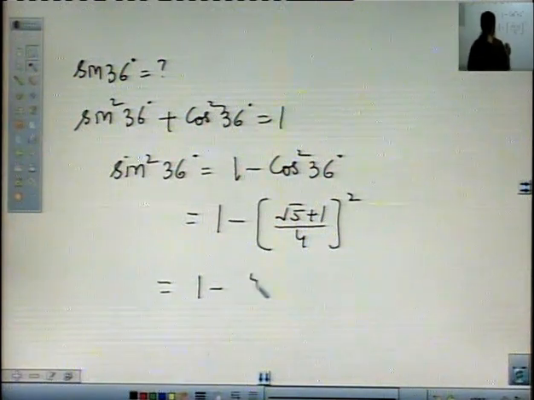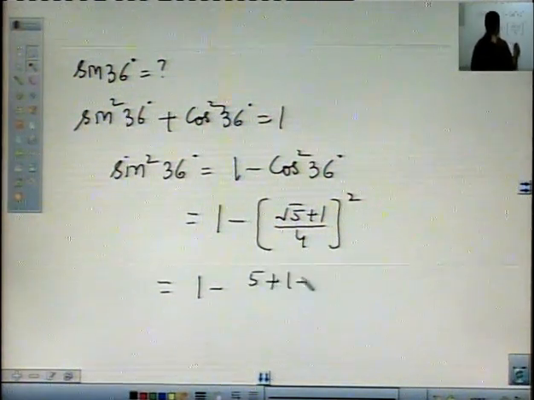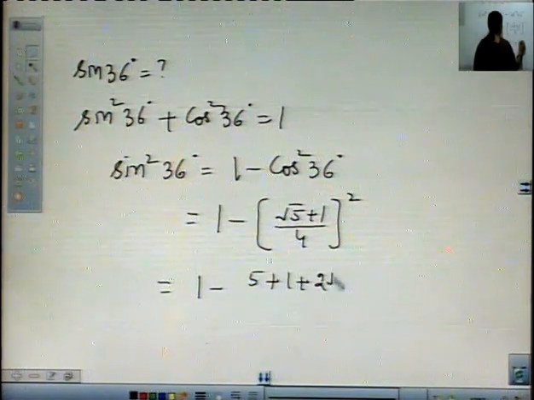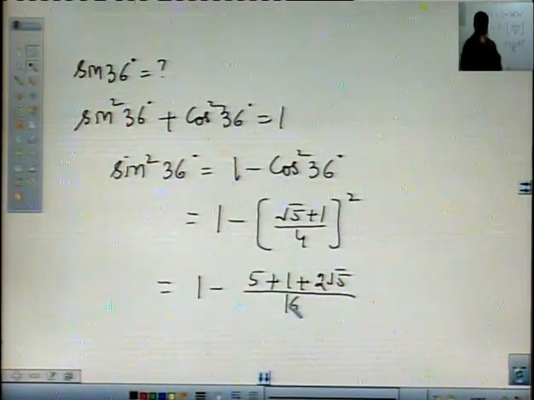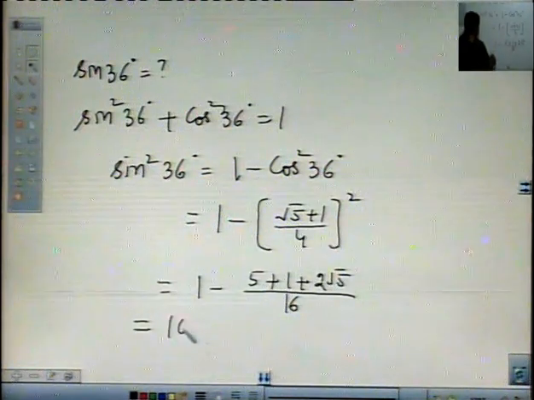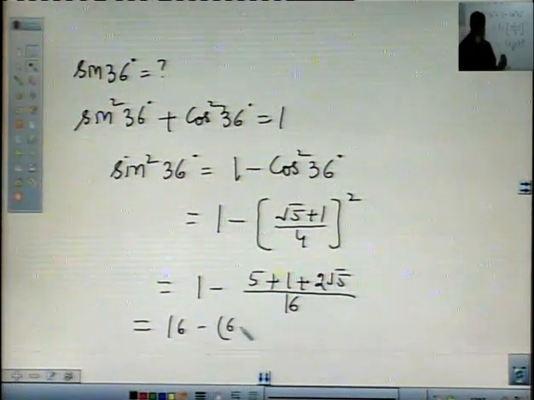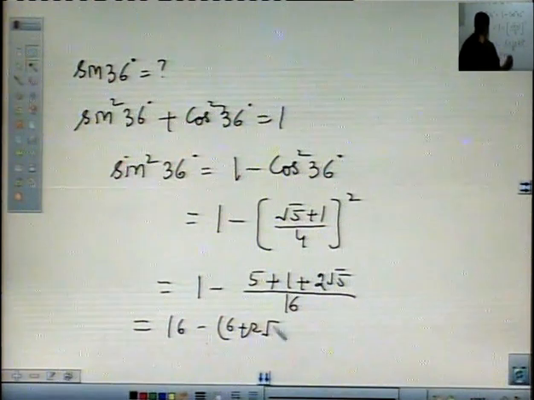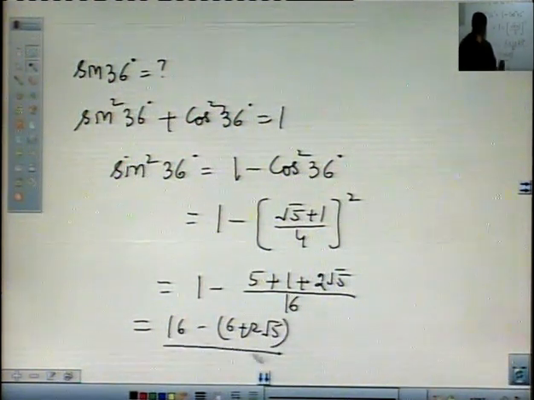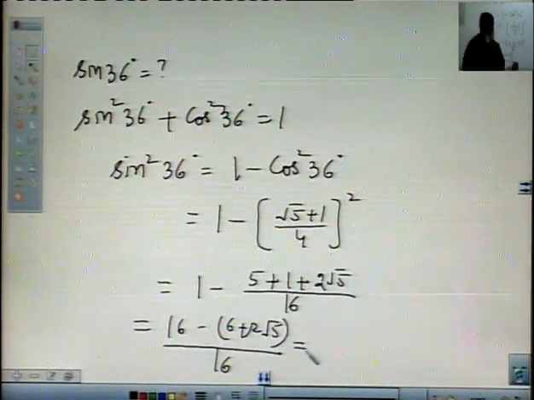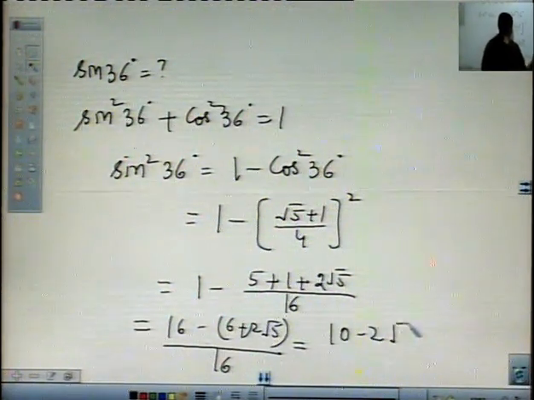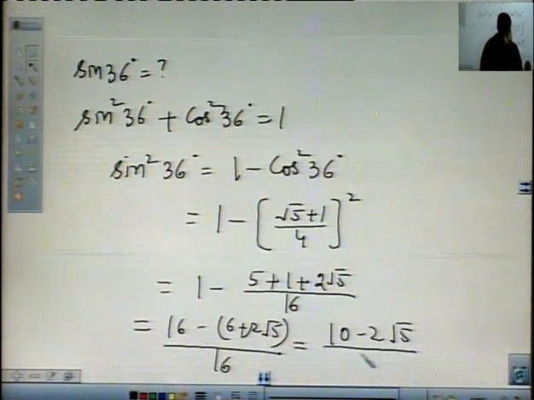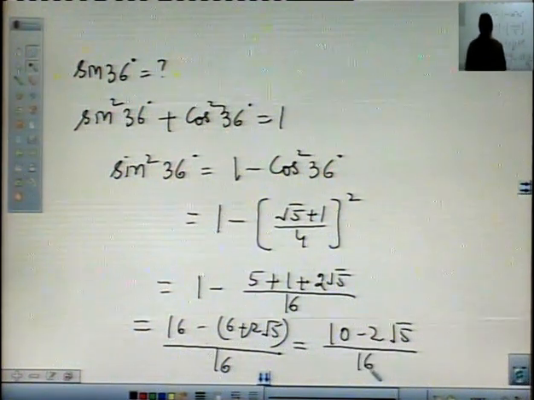This will be equal to 5 plus 1 plus 2 root 5 upon 16, which is 16 minus 6 plus 2 root 5 upon 16, and it will be equal to 10 minus 2 root 5 upon 16.